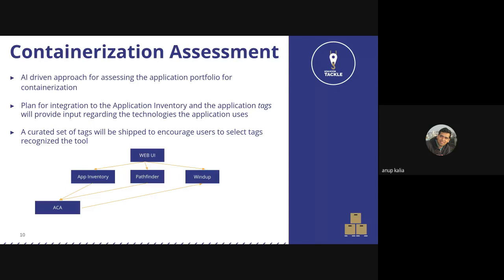And the overall goal is to provide the assessment or help application inventory and Pathfinder to recommend what part of the application could be modernized and what part could not be modernized. So to make all those recommendations respectively.